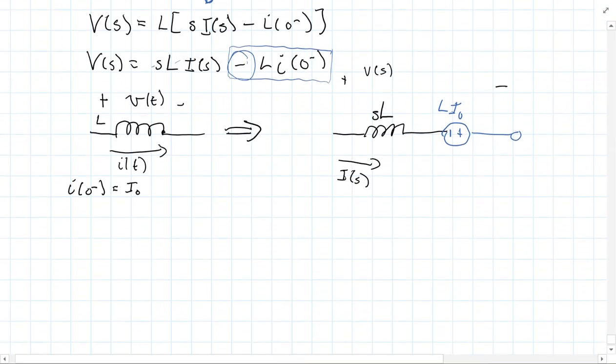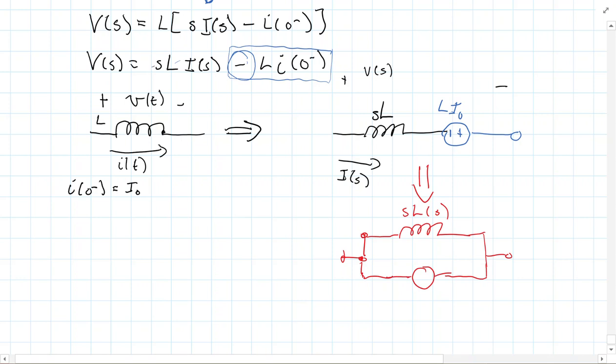That's an important thing we should look at. Now there is another way you can write this. You can do a source transformation and convert this to an inductor, still sL, in parallel with a current source, going down, with a current of I sub 0 over s.